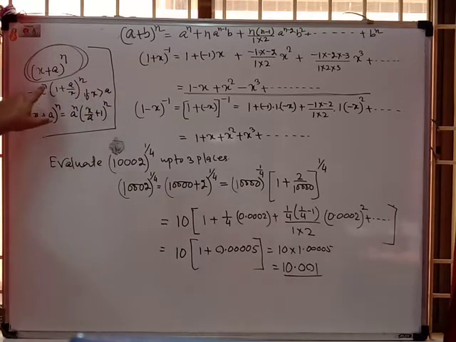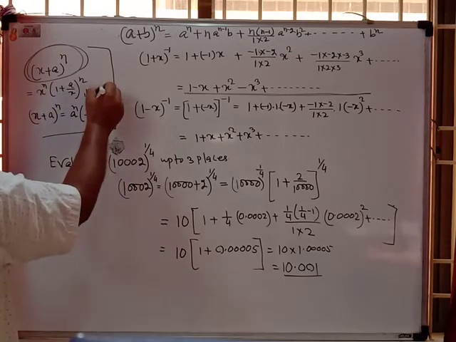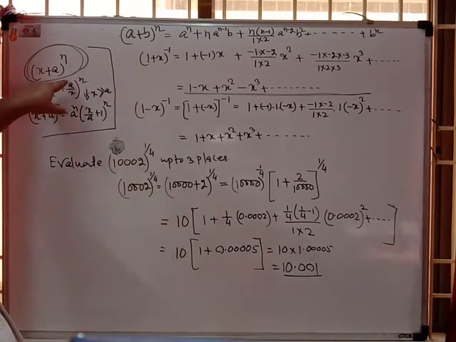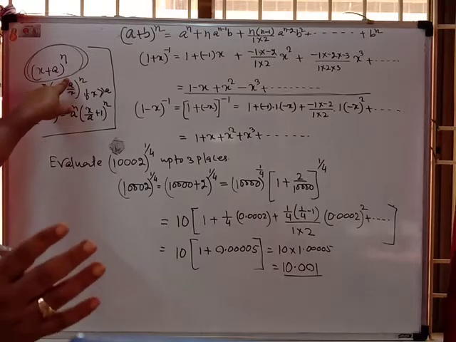That is, x to the power n is taken out of the bracket and the remaining is (1 plus a by x). If x is very much greater than a, that is, if the denominator is very much greater than the numerator, you have to arrange it in this manner.